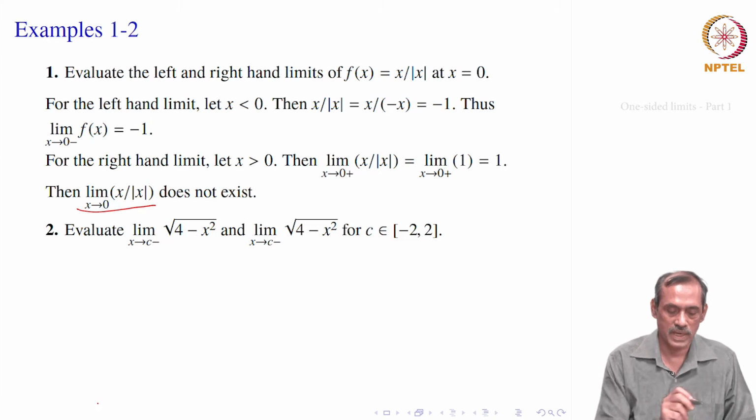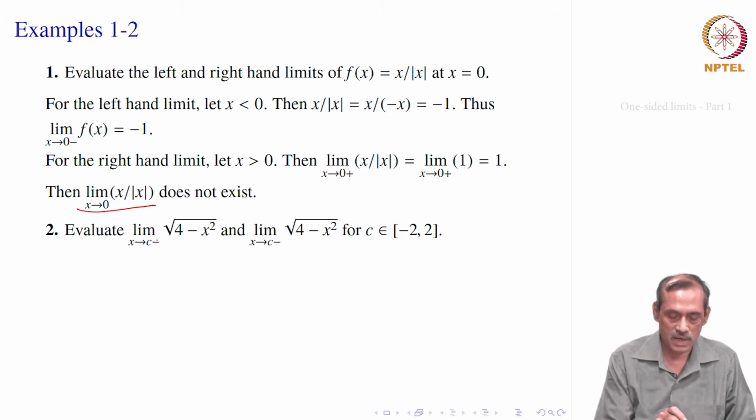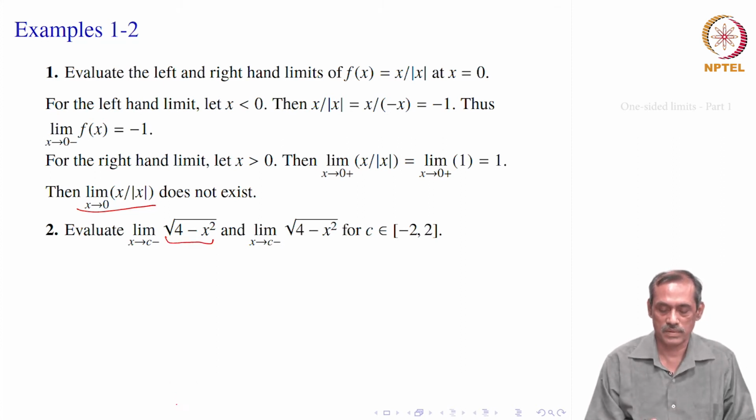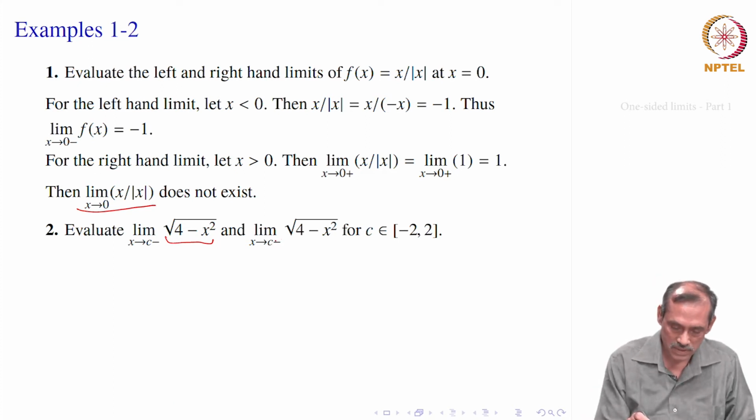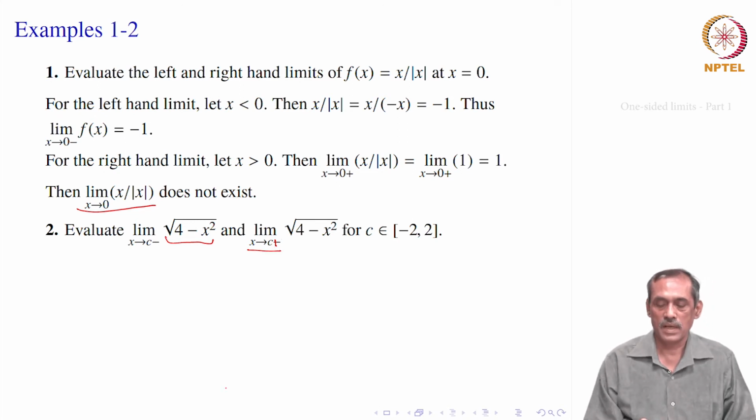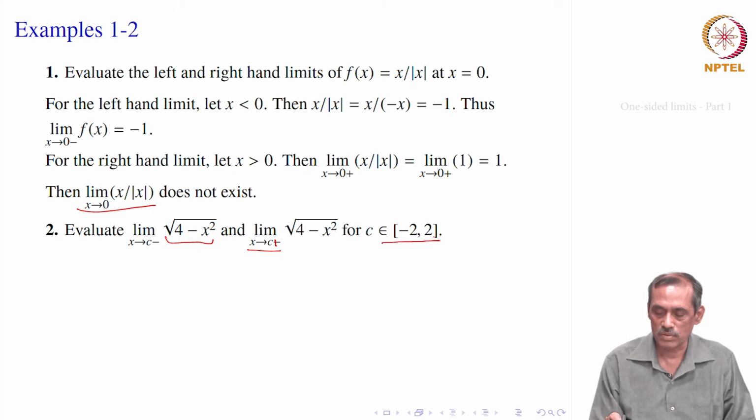Now, let us go to the second problem. It asks for finding the left side limit of the function square root of 4 minus x square, and the right side limit, it is not minus, it should be plus, right side limit of square root of 4 minus x square, same function, where x goes to c plus. Okay. So, now for all those c within minus 2 to 2, that is how it is defined.